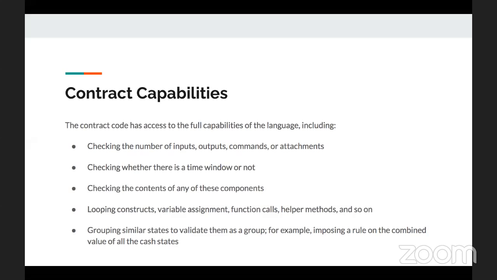We can also add helper methods when you want to add additional objects or utilities. We can do this through helper classes. We can also invoke a lot of functions. And we can group similar states. We can also group states and aggregate states to validate them as groups. For example, when you are doing an auction, you want to group the bids from a lot of parties. You can do grouping of the inputs, and then you can also impose a rule on the combined value.